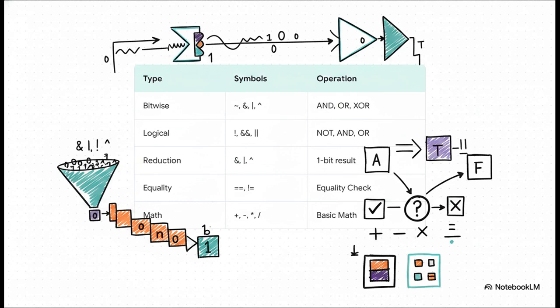Then you have logical operators, the ones with double symbols, and those treat the whole signal as a single Boolean truth value. You've also got reduction operators that compress a multi-bit vector way down to a single 1-bit result, standard equality checks to see if two signals match, and of course, arithmetic operators for basic math. Definitely keep these in mind. You'll always want to know exactly which symbol to pull out of your toolkit.